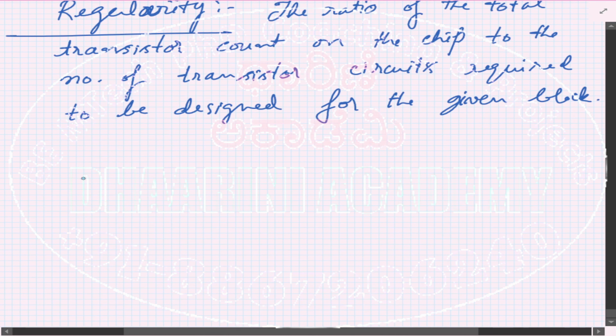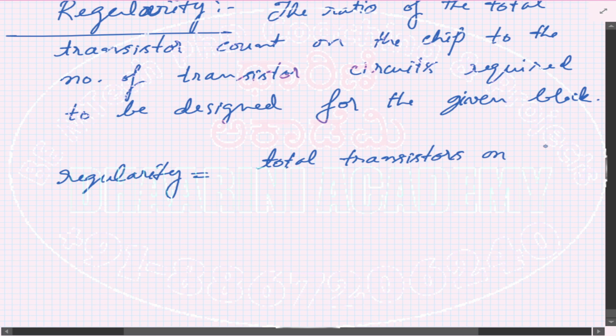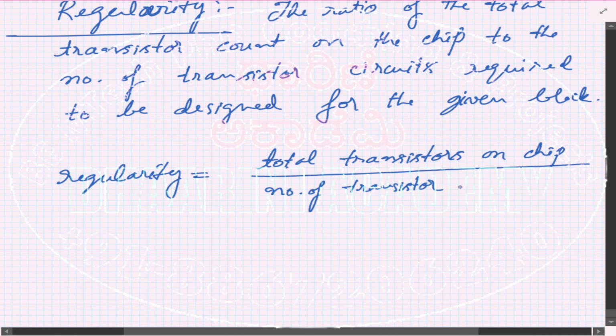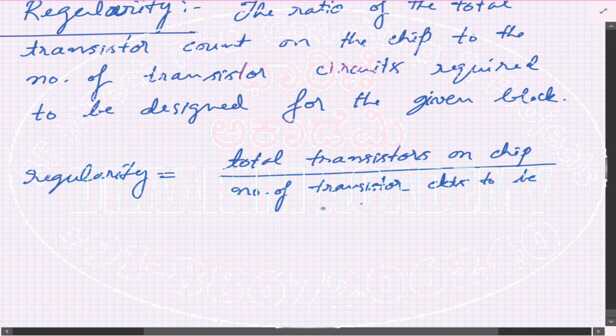So I can write an equation now. Therefore, regularity is equal to the total transistors on the chip divided by the number of transistor circuits to be designed. So this is the denominator.